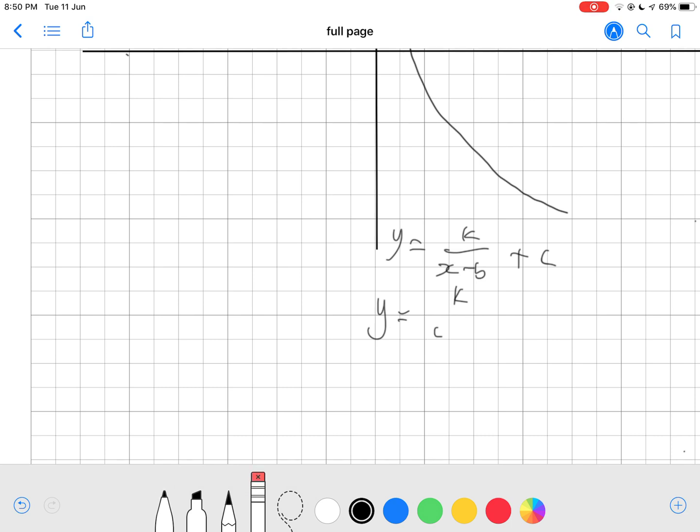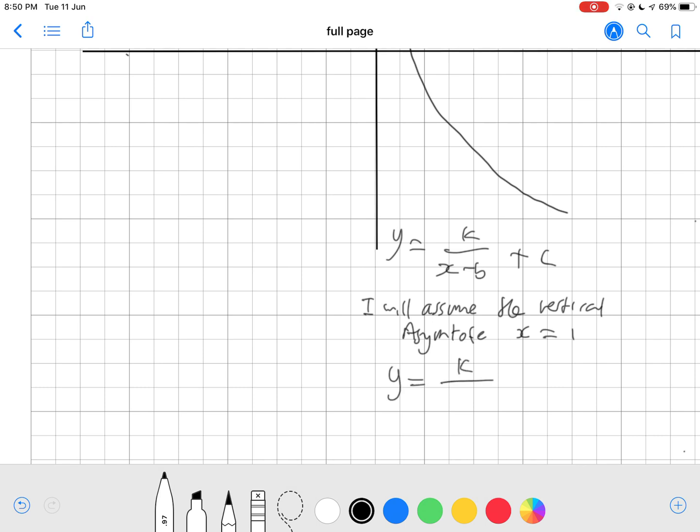We should communicate to our marker first, so we should say I will assume the vertical asymptote is x equals 1, so y equals k divided by x minus 1 plus c.